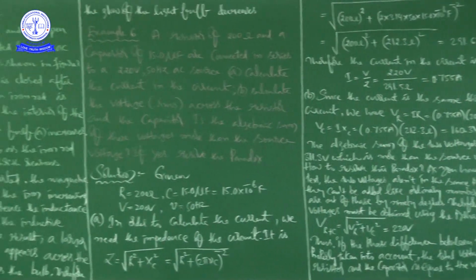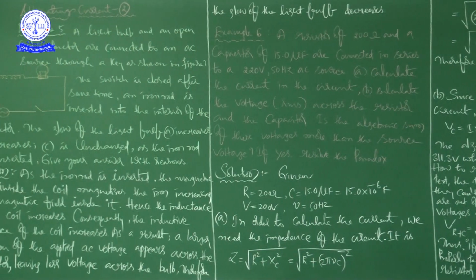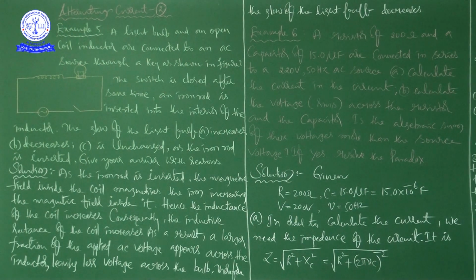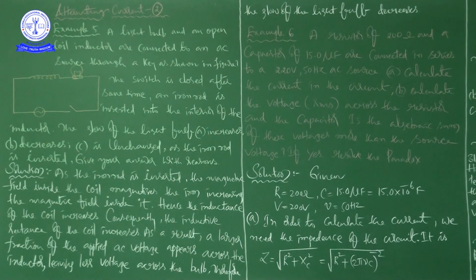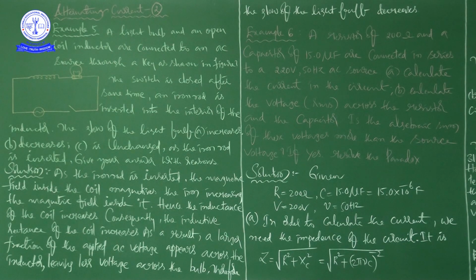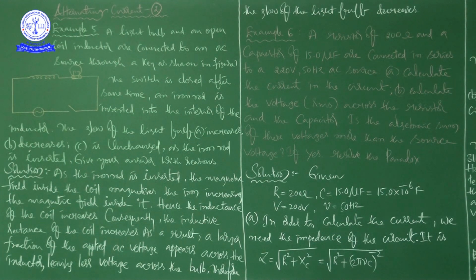Okay, right. So in this class we discussed two problems. In example 5, they have given one circuit and he is asking what happens to the glowing of the light bulb after closing the switch and inserting an iron rod into the inductor, whether it increases, decreases or is unchanged, along with the reason.